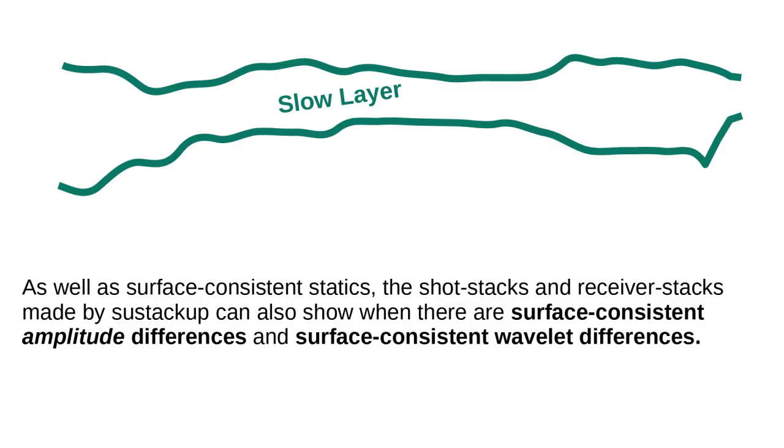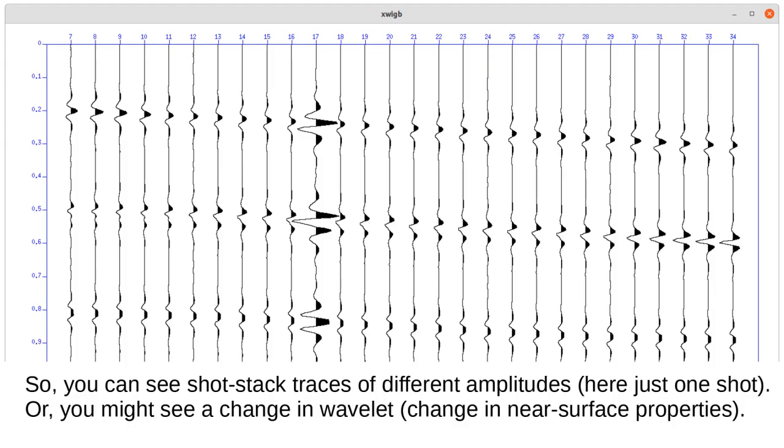As well as surface-consistent statics, the shot stacks and receiver stacks made by su-stackup can also show when there are surface-consistent amplitude differences and surface-consistent wavelet differences. So you can see shot stack traces of different amplitudes, here just one shot.